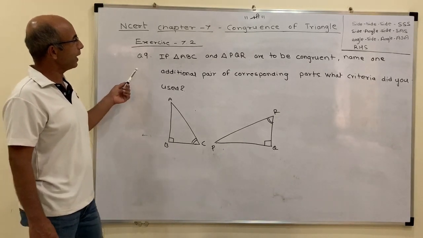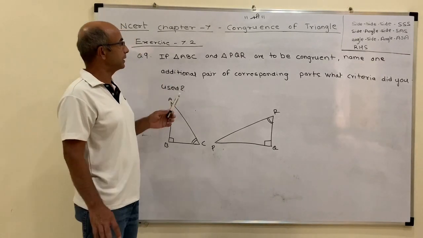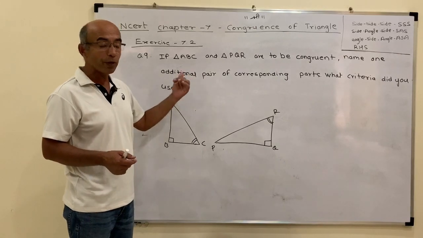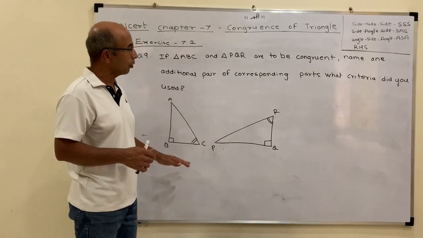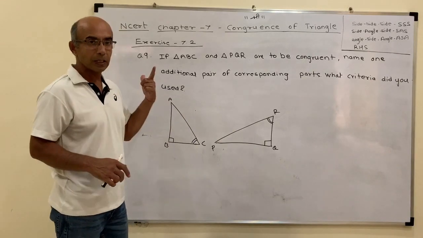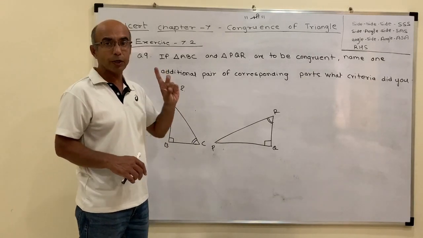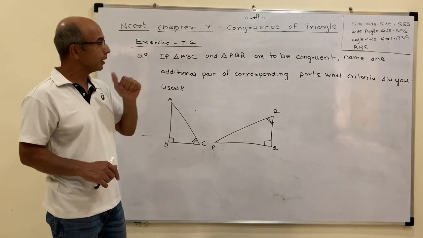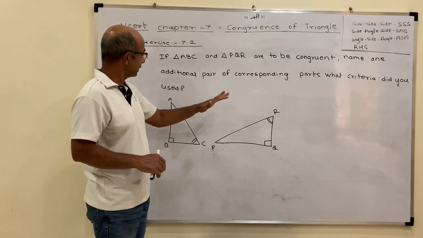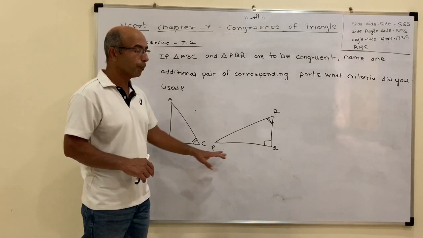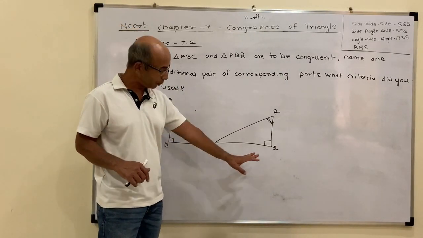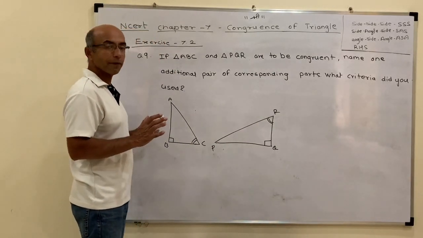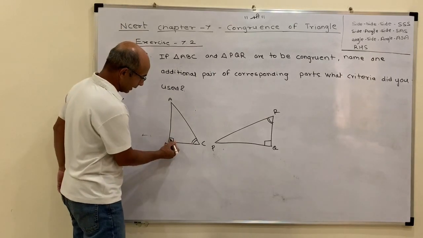What does it say? If triangle ABC and triangle PQR are to be congruent, name one additional pair. Already they have given two pairs which are equal. So we need to find one additional pair, and what criteria will be used to prove that these two are congruent triangles. Now what have they given? They have given this 90 degree angle.